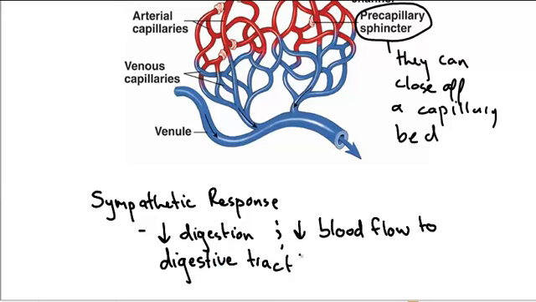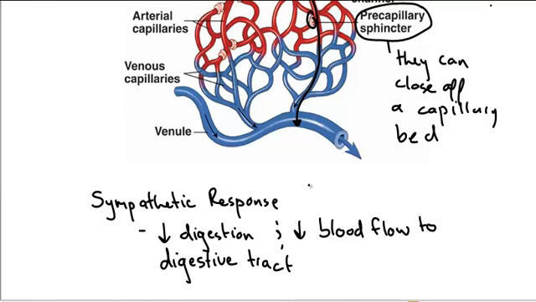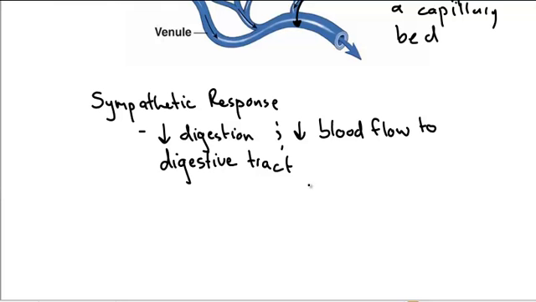And the way it does this is it closes off these little sphincters so that the blood can't actually go into the capillary network, but rather must go straight on through to the other side via what's called a thoroughfare channel. So it just pops right on through, doesn't really do any exchange, and moves on to muscles or wherever it's needed.